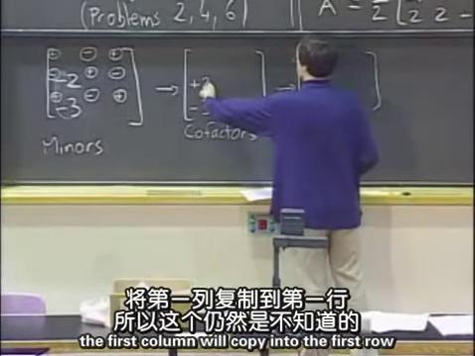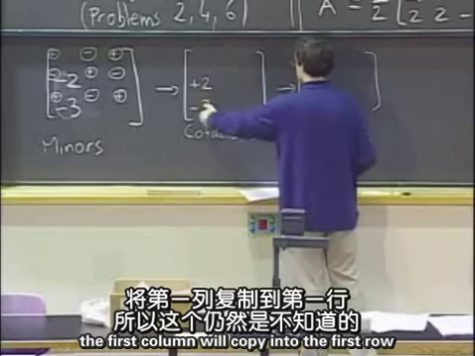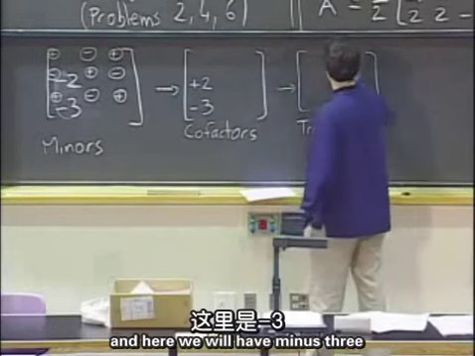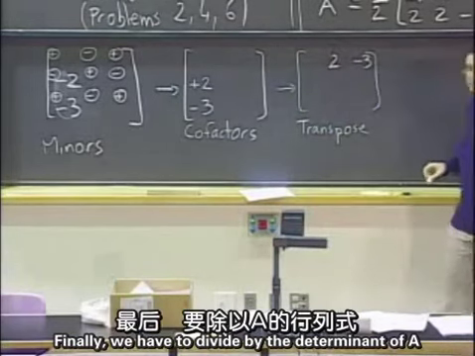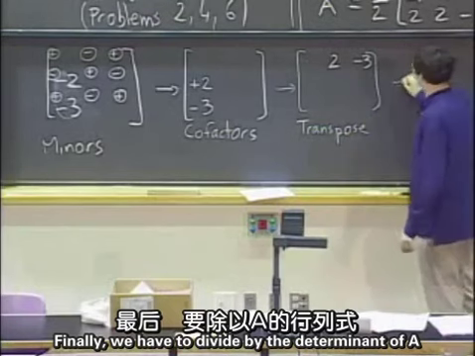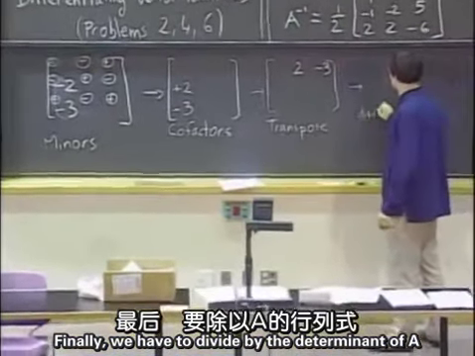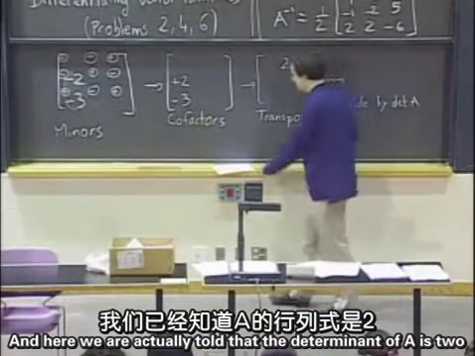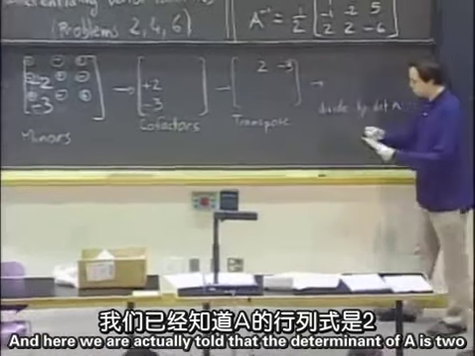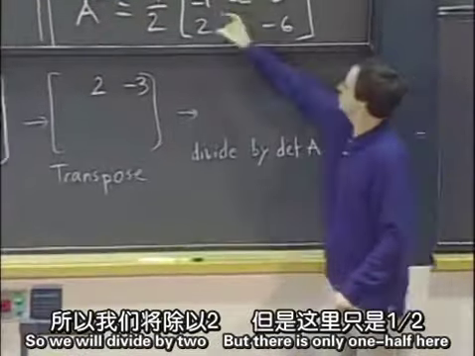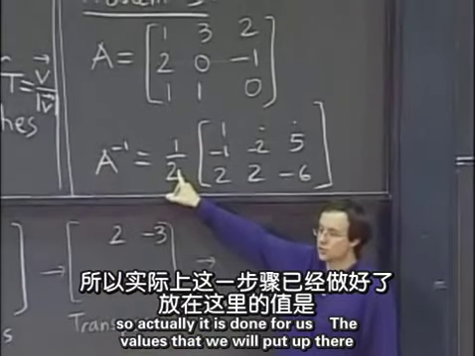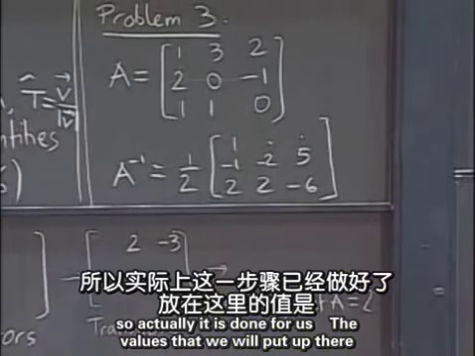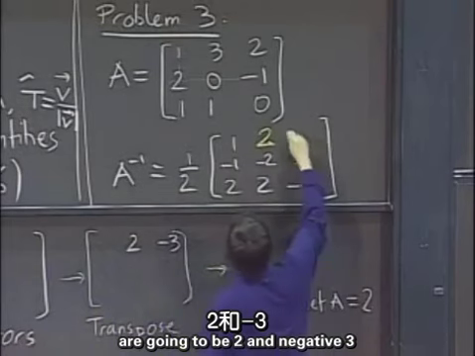The first column will copy into the first row. So this one we still don't know, but here we'll have 2, and here we'll have minus 3. And finally, we have to divide by the determinant of A. We are told that the determinant of A is 2, so we'll divide by 2. But there's already a 1/2 here, so it's done for us. So the values that we'll put up there are going to be 2 and negative 3.